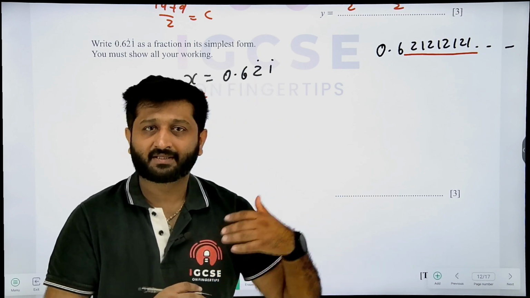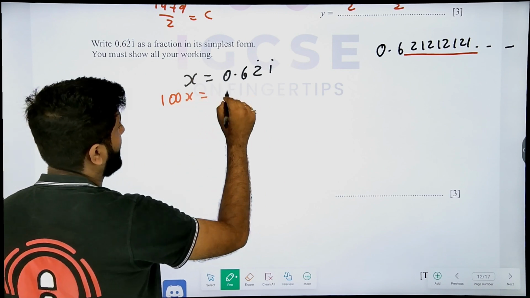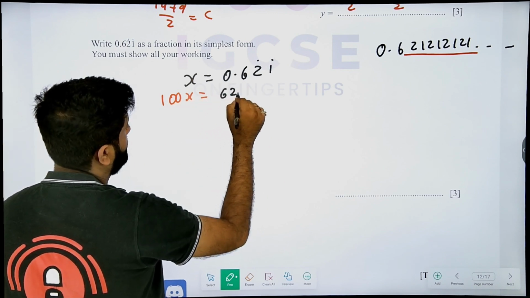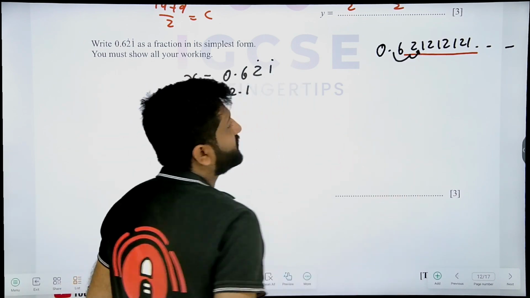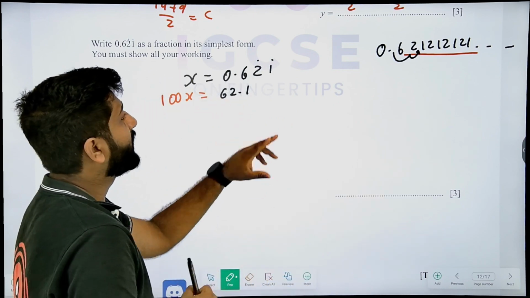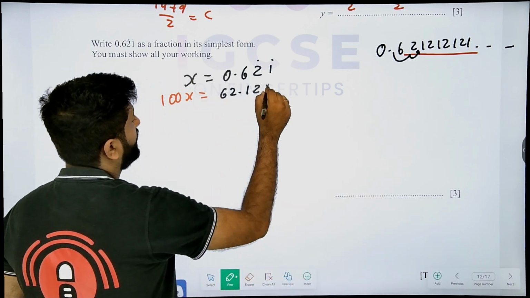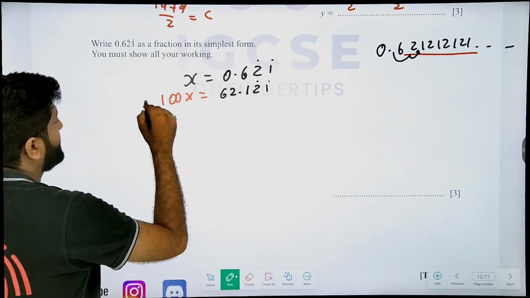If one number, then 10. So if I multiply with 100, I have 62.1, right? Because this is going to move 2 units towards the right. So you have 62.1, then again 2, 1, 2, 1 continued. So this is 100x minus 6.